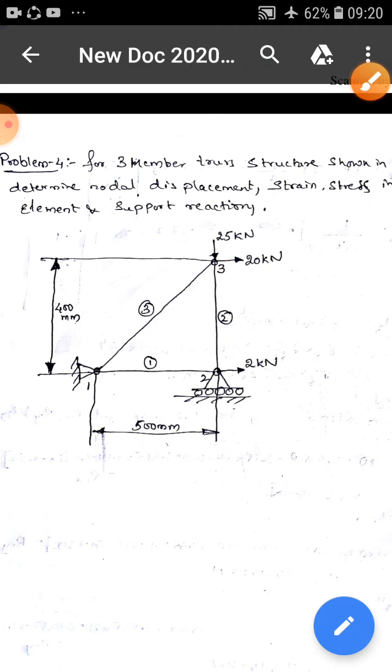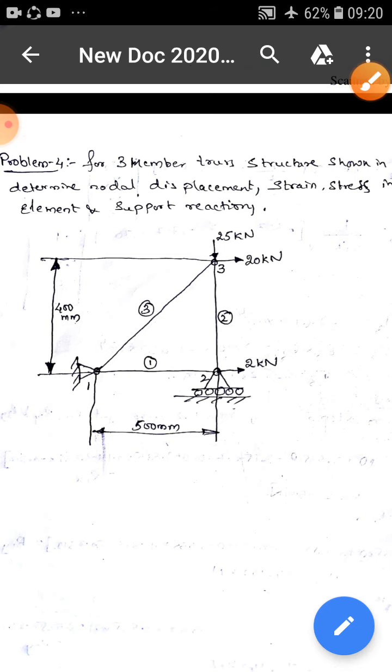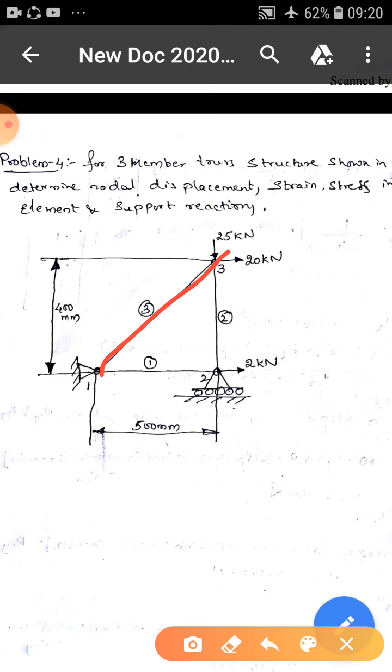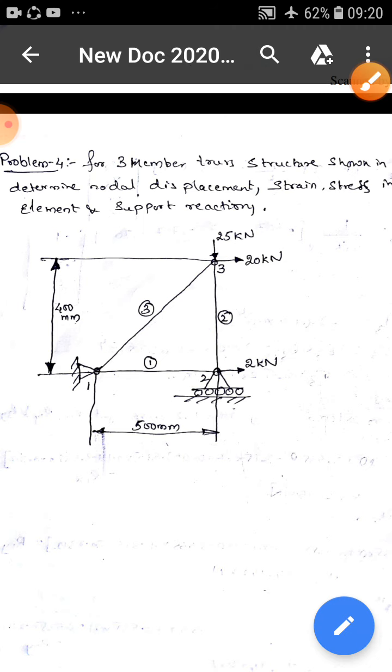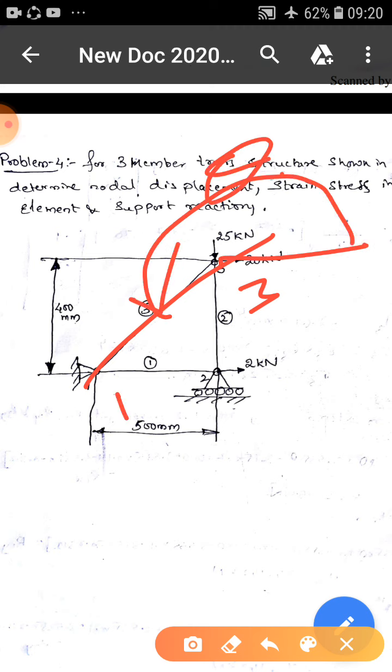Going to element 3, if you take my local node 1 as 1 and local node 2 as 3, then this will be your theta 3. Remember, if you take in the element connectivity table my local node 1 as 3 and local node 2 as 1, in that case my angle will be the reflex angle theta 3.